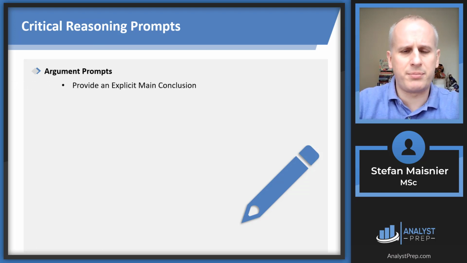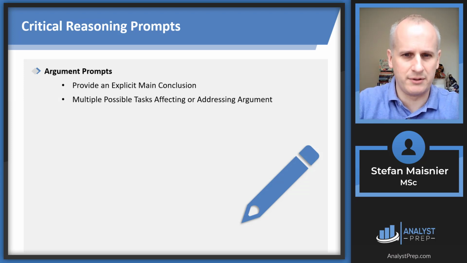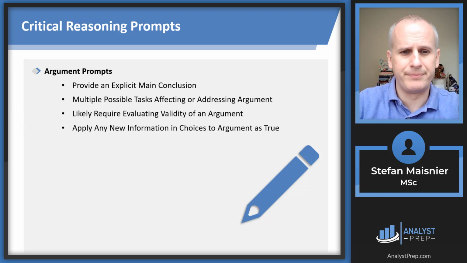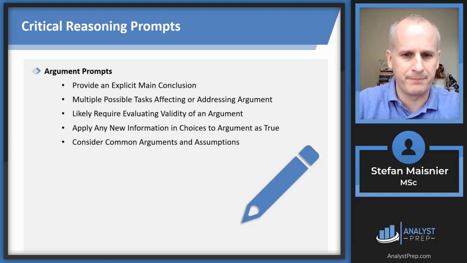An argument prompt is going to provide an explicit main conclusion within the prompt every time. You're going to potentially have multiple possible tasks affecting or addressing the argument. You will likely need to evaluate the validity of said argument and its conclusion, and you'll want to apply new information provided in the choices as true in order to determine the impact of that information on the argument.